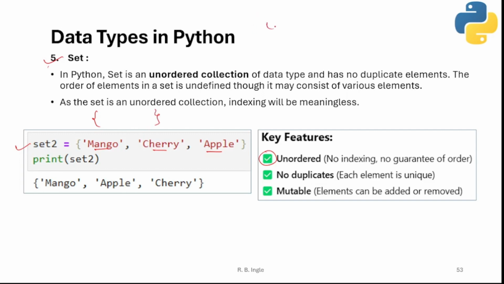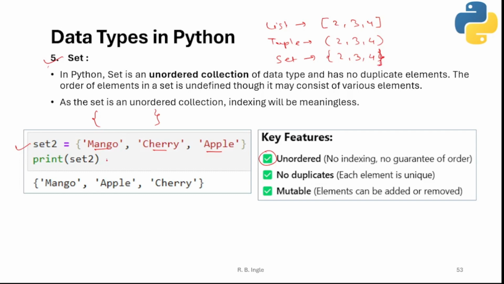So we have seen that for making a list we use square bracket, like 2 3 4, it is a list. If you make the tuple, it will be round bracket 2 3 4, but if you want to make the set, it will be curly bracket 2 3 4, right, using curly bracket.